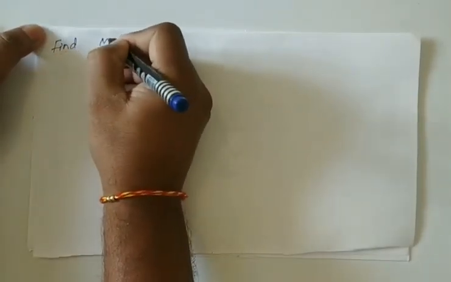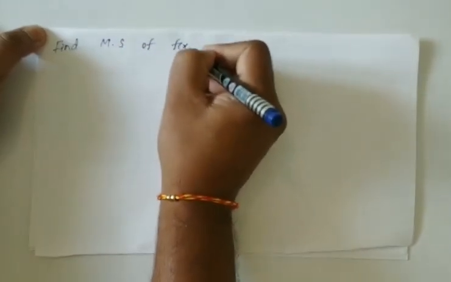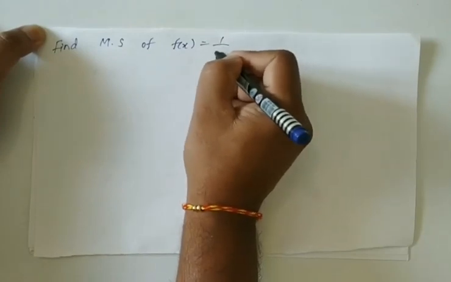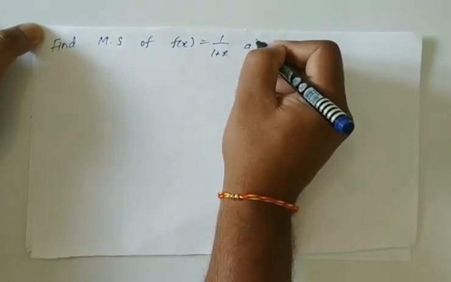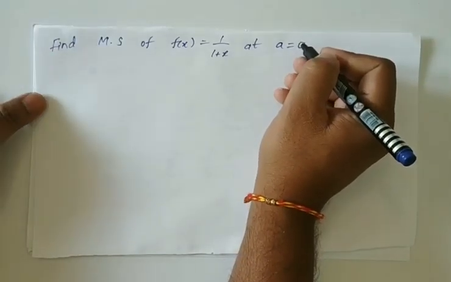Find the Maclaurin series of f(x) = 1/(1+x) at a = 0.